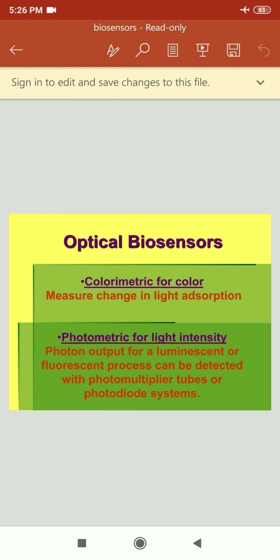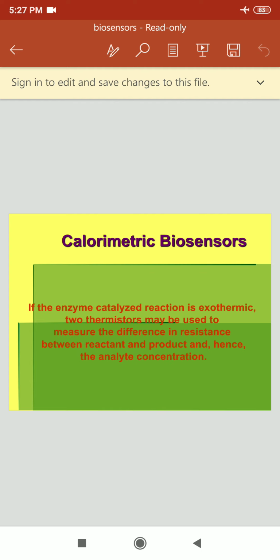Colorimetry is the method to measure the change in light which is absorbed. So an optical biosensor needs the colorimetric method. Next is photometric for the light intensity: using the photometric method, we find out the intensity of the light. Calorimetry: the enzyme reaction is exothermic, so it is used to measure the difference between the reactant and product and analyze the concentration.